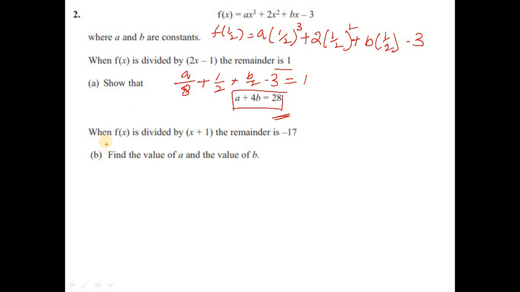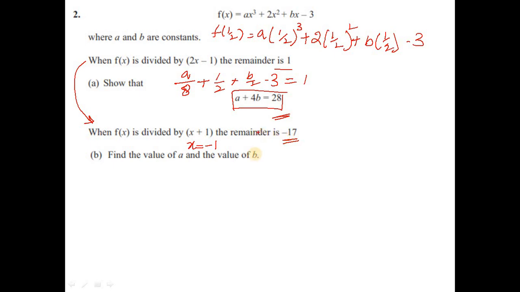Next, when f of x is divided by x plus 1, the remainder is minus 17. Find the value of a and the value of b. You clearly have the same statement. That means if you put x is equal to minus 1, then f of minus 1 should be minus 17.